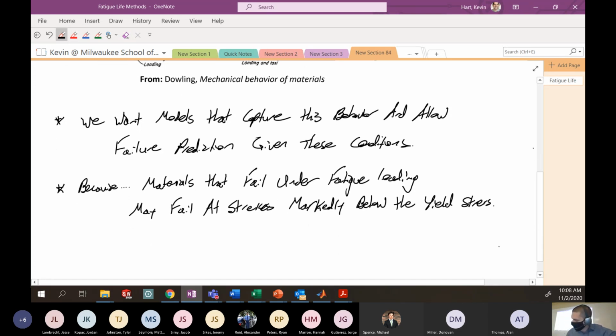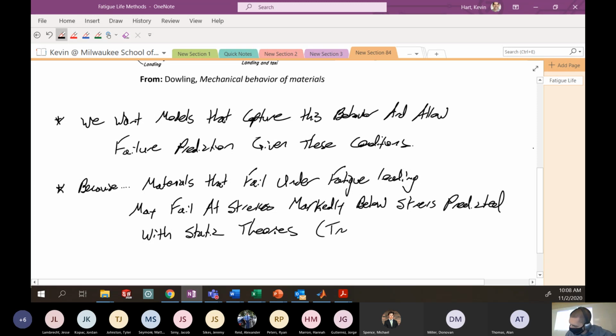Or what I'll say is, maybe let's not say below the yield stress. We'll say below stresses predicted with static theories. So those theories might be some of the ones we talked about earlier in the course, like Tresca or von Mises.